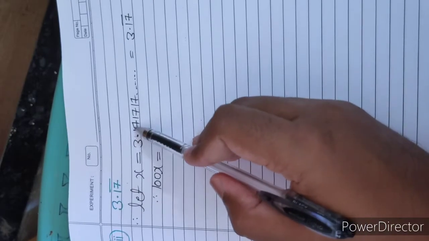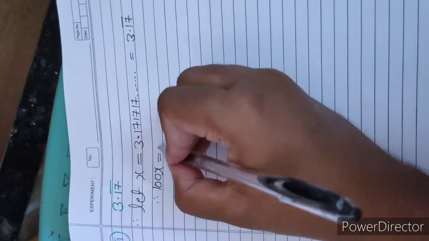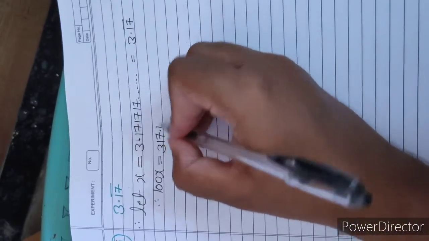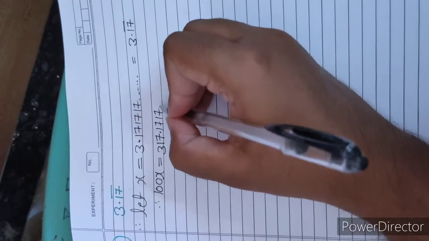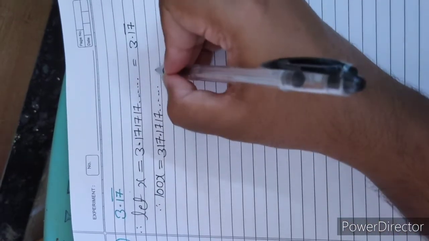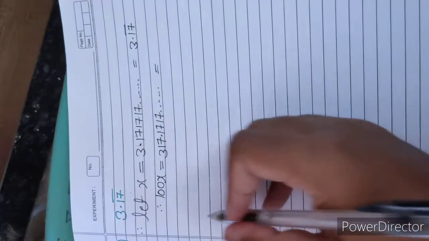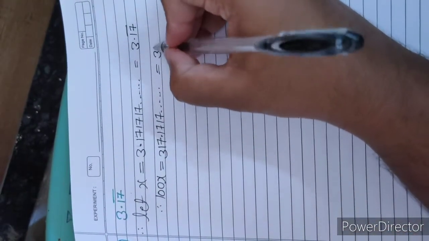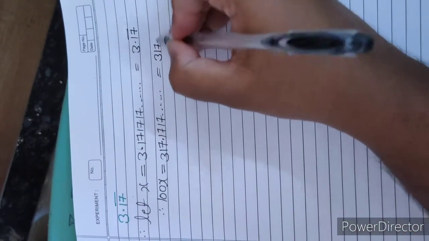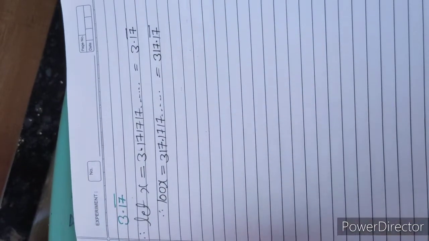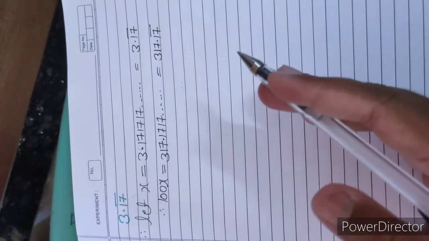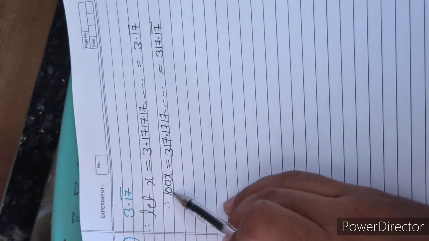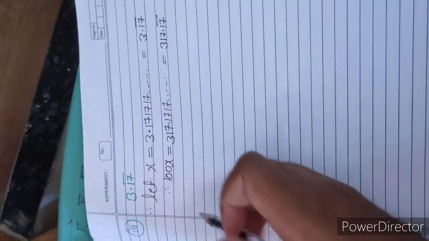So here first, second, so we will get 317.1717 and so on. So here we will get 317.17 bar.